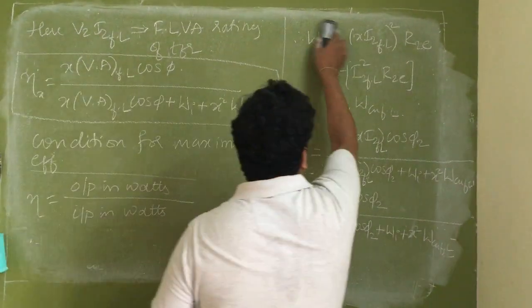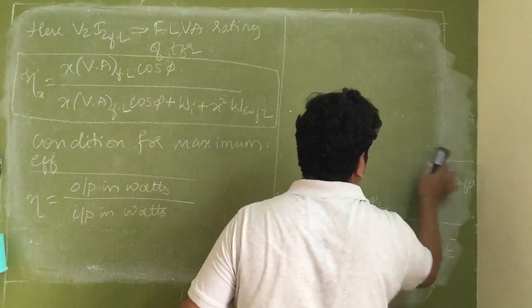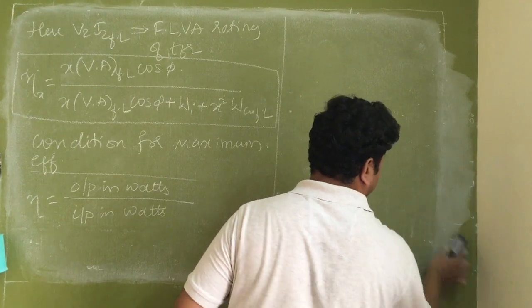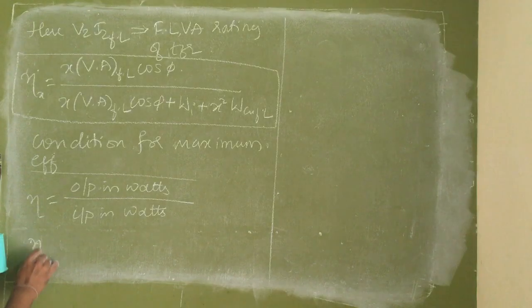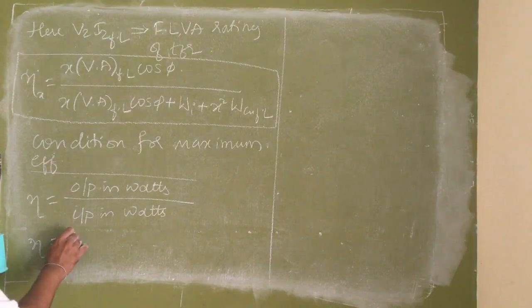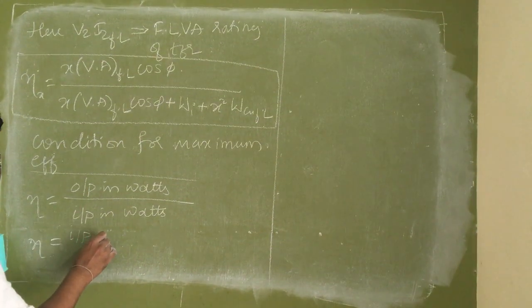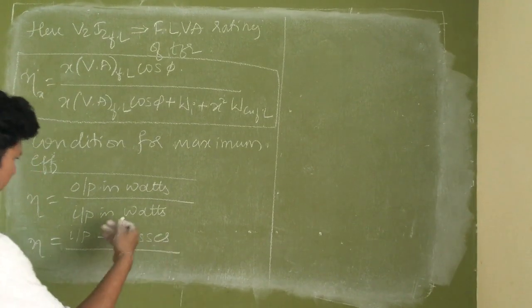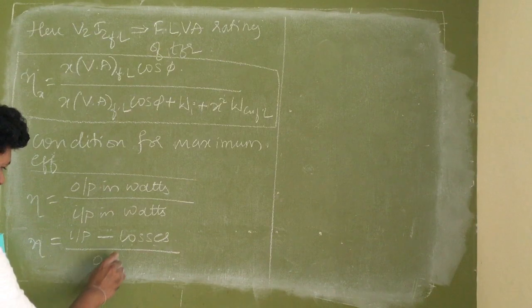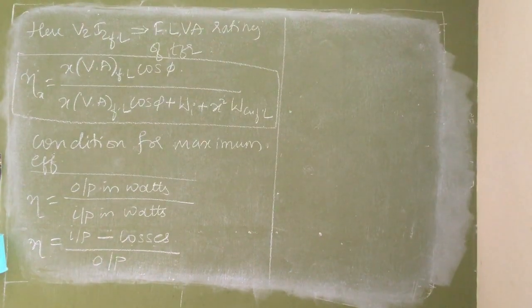So efficiency is equal to input minus losses, obviously in watts, divided by input.